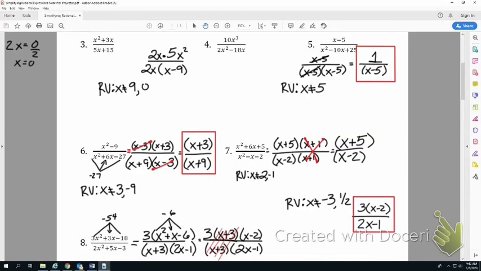So if you have one of those single term factors down there in your denominator and it has to have x in it, that's going to always give you a restricted value of 0. Okay? And so now looking at the problem, does anything cancel? 2x. And so I'm left with 5x squared over x minus 9.